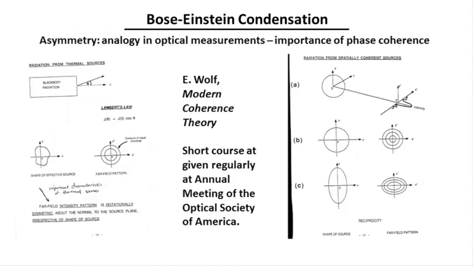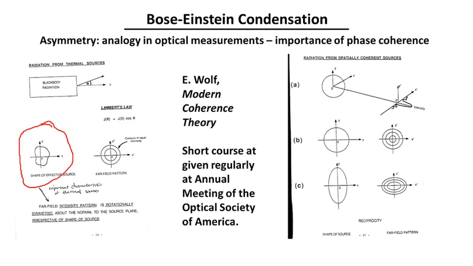There is an analogy of this in optics, and I'll just state it briefly as follows. If you have an aperture of arbitrary shape, here's a strangely shaped aperture, and it's being illuminated by light from a thermal source, an incoherent light source. And then if you view that light on a distant screen, what you'll see is a circularly symmetric image which is independent of the shape of the original aperture.